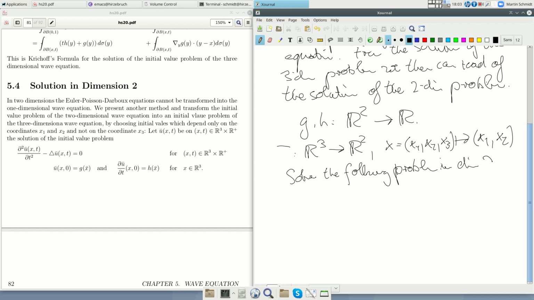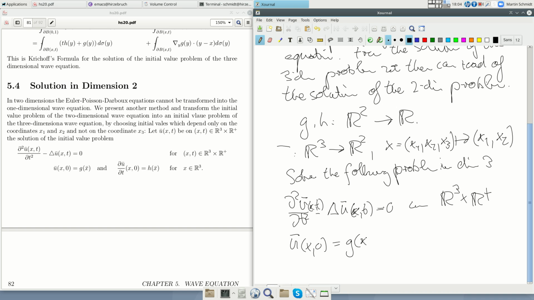In dimension 3, the wave equation: the second time derivative of u bar minus the Laplacian of u bar at x and t is 0 on R3 cross R plus, and we have that u bar of x,0 should be just g of x bar, and du bar divided by dt of x,0 should be just h of x bar.